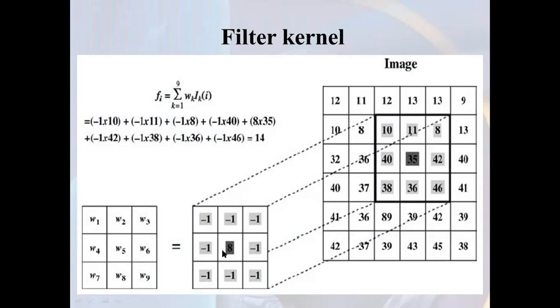This filter has 8 at the center, which is for the ij pixel, and -1 for all the neighborhood. So if I apply this at this pixel, the values 10, 11, 8, 42, 46, 36, 38, and 40 will be multiplied by -1, and 35 will be multiplied by 8. After calculating, we obtain 14. So in the output image, 35 is replaced by 14.